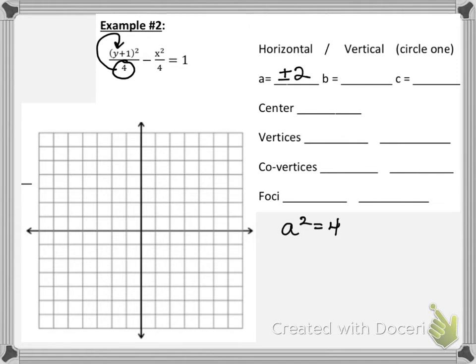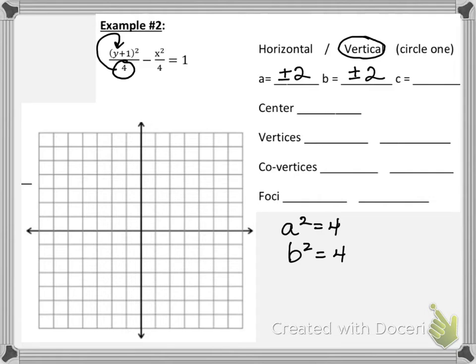Since it's under the y variable, this time we are going to be drawing a vertical hyperbola, up and down. The b is the other number. B squared is the other denominator, which is 4, and therefore b is plus minus 2.